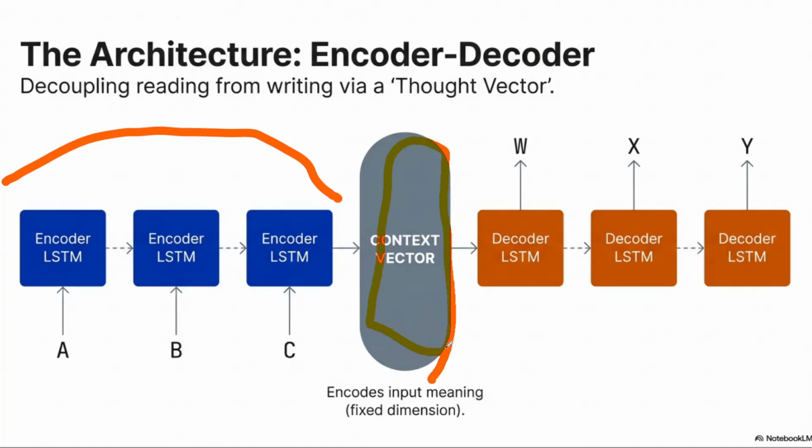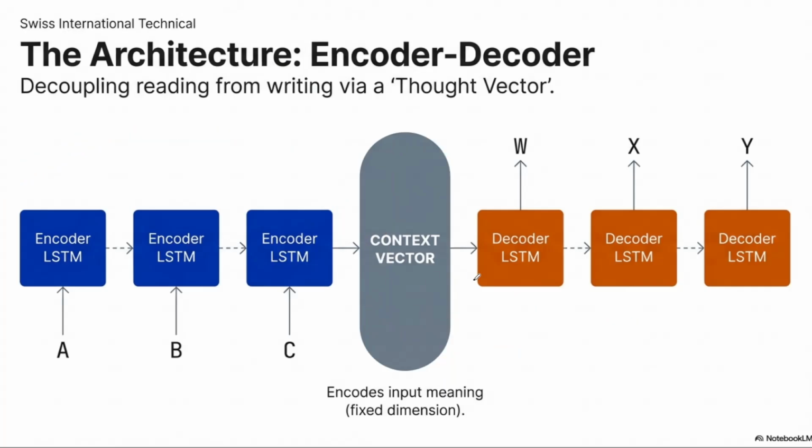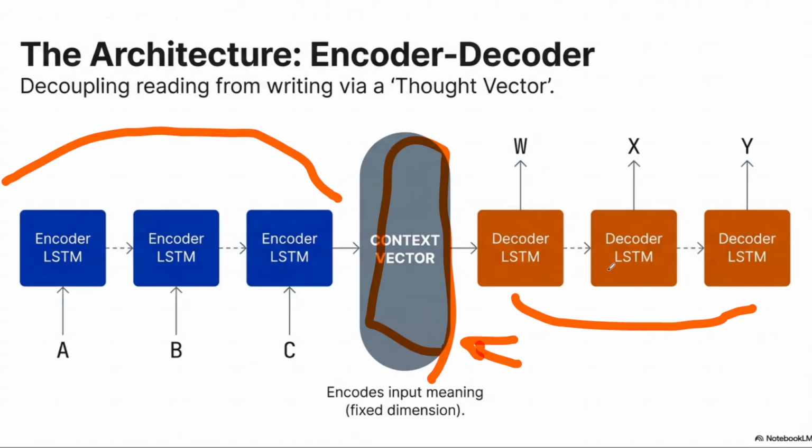This one. And then the decoder takes this vector and extracts the output sequence. We typically use the long short-term memories, as we said, for both parts, this one and this one, because they are excellent at learning long-range temporal dependencies.